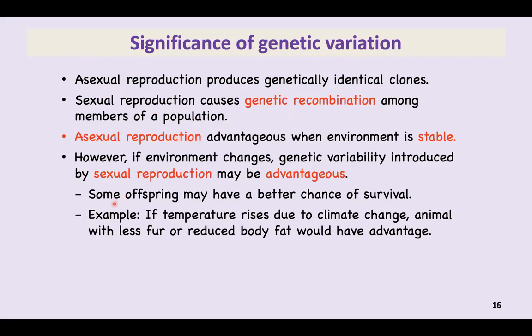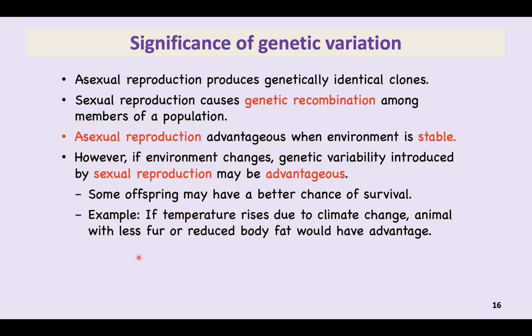Contoh, some offspring may have a better chance of survival. Contohnya, dia ada fur atau reduced body fat. Okay, kalau clone, you clone satu benda tu, less fur lah dia sampai generation ke berapa bawah. Kalau sexual reproduction, it can be altered. Maksudnya it adapts according to the climate atau to the environment.